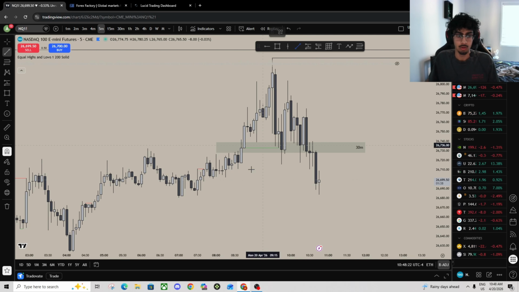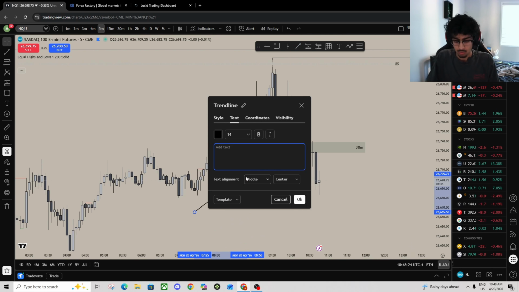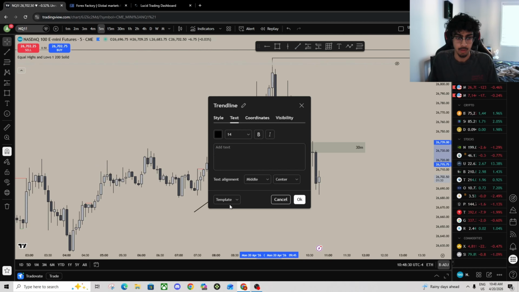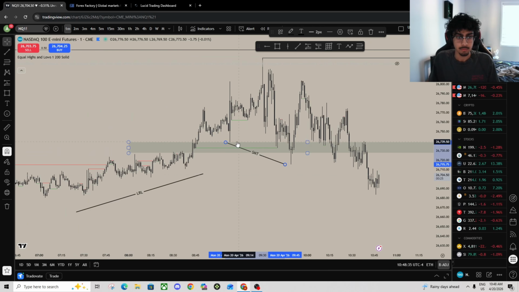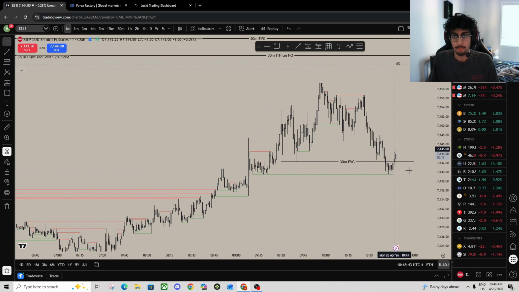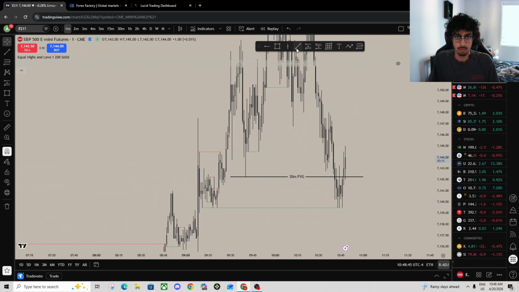Even though we had all of this low resistance liquidity, we had an SMT off of 908 right here. So what we saw was at 908, NQ swept that 908 low, and ES, where's 908?